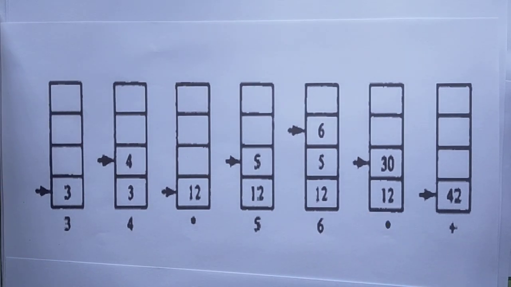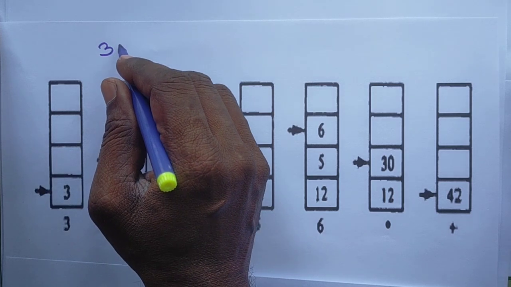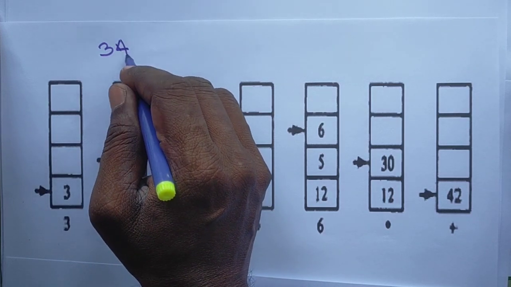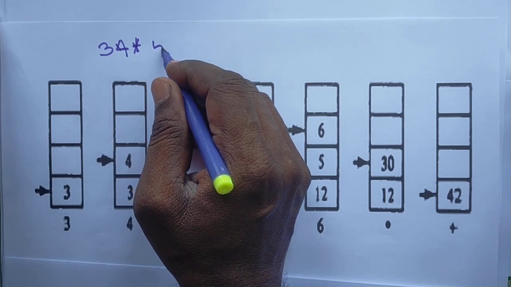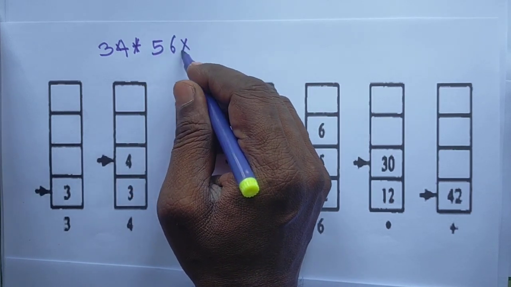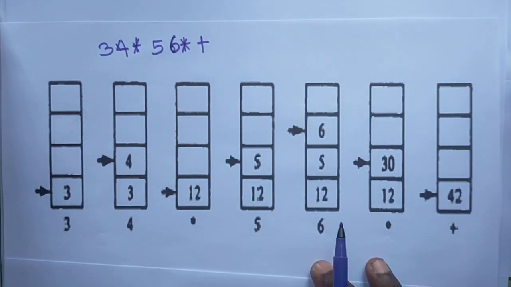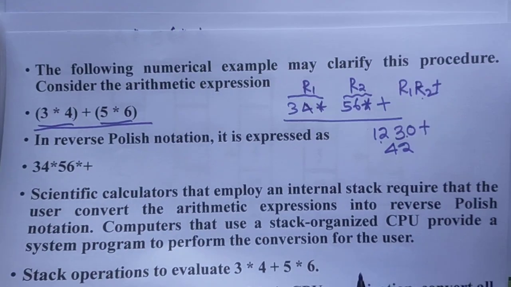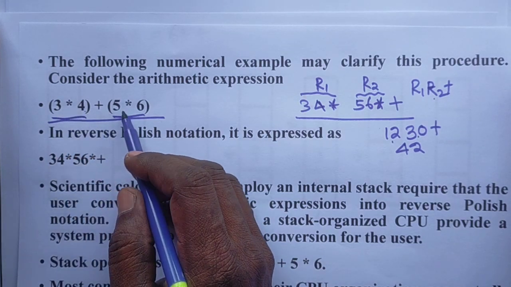Here is the expression, you see: 3, 4 star, 5 6 star, and a plus. This expression is given here; it is simply 3 into 4 plus 5 into 6.